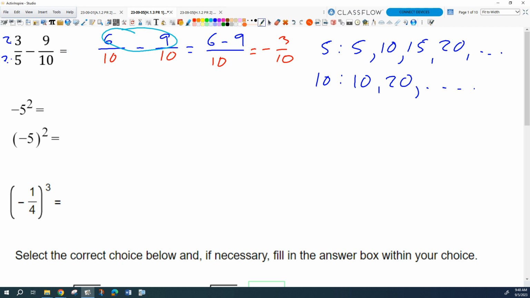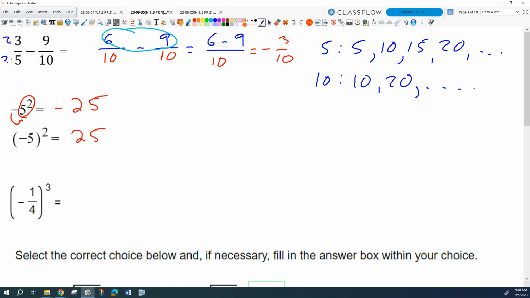Good, the E comes before the M, doesn't it? So then that means we have to square the 5 before we multiply by the coefficient, negative 1. Okay, so that answer is negative 25. Now, if in fact I want to square the negative number negative 5, I've got to put it in parentheses then, right? And that gives me 25.